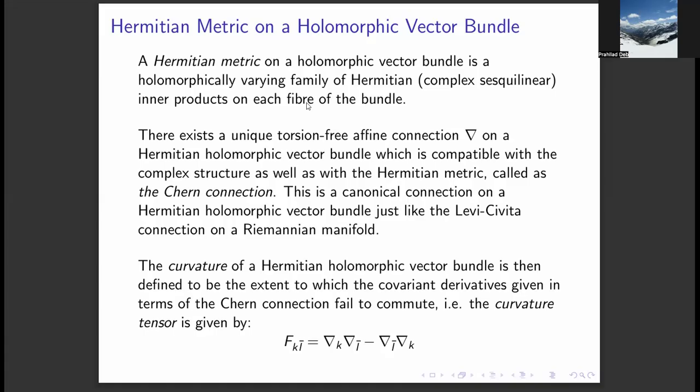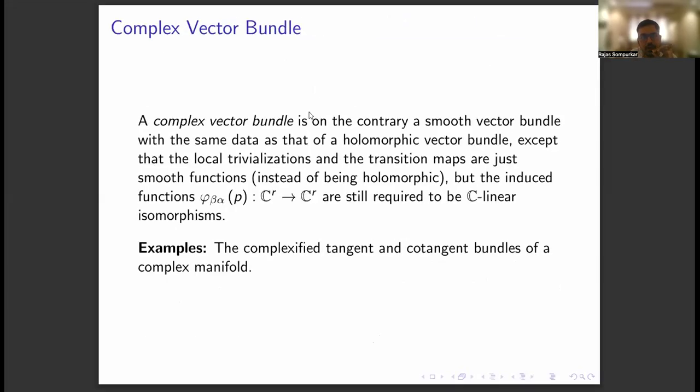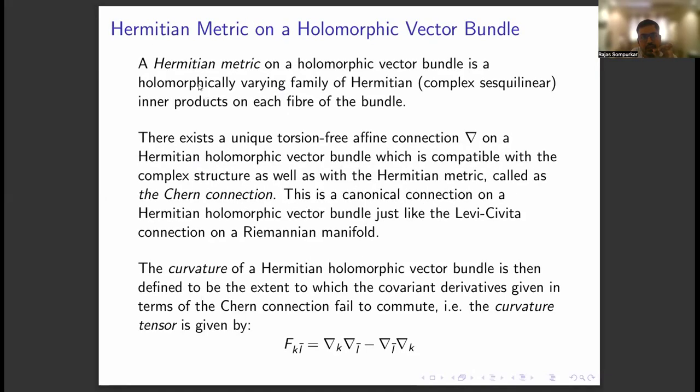At most, you can demand that it is a real analytic function when you evaluate on any vector field on your manifold. In the book of Huybrechts, he defined a Hermitian metric on a complex vector bundle, and there he indeed said that it is a smoothly varying family of Hermitian inner products.